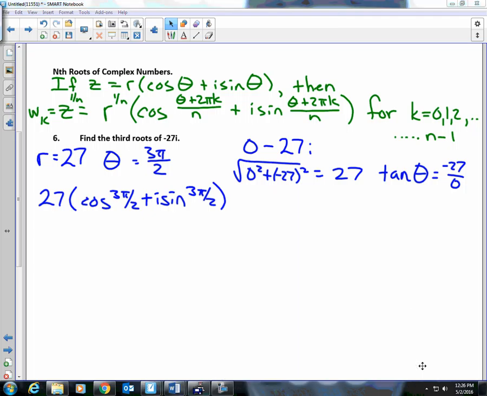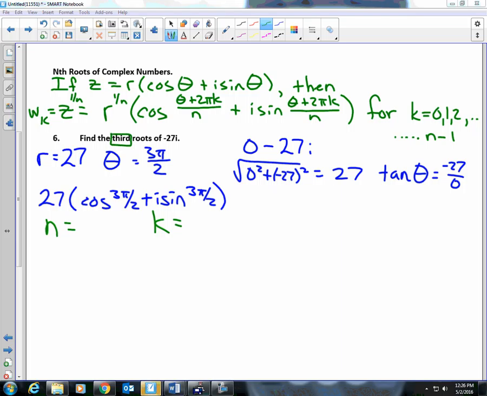All right. In order to proceed, we must identify 2 very important variables. n will be whatever root number we're trying to find.